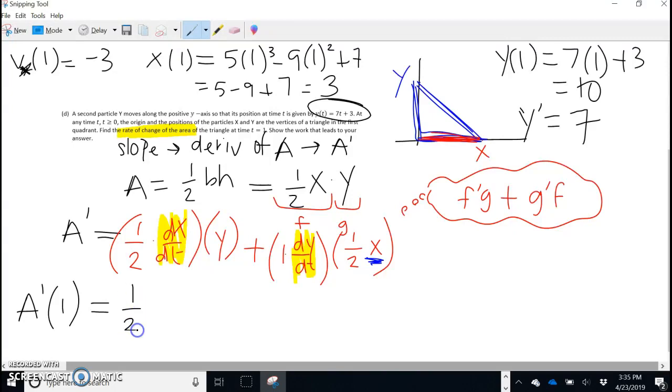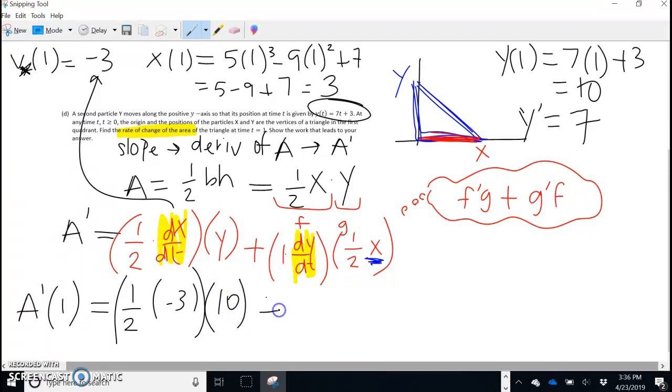I have 1/2 of the derivative of my x at 1. According to my note up here, that's -3. Multiplied by my y at 1, which I did work off to the other side, is 10. Plus the derivative of y at 1, using my notes up above, that's 7.